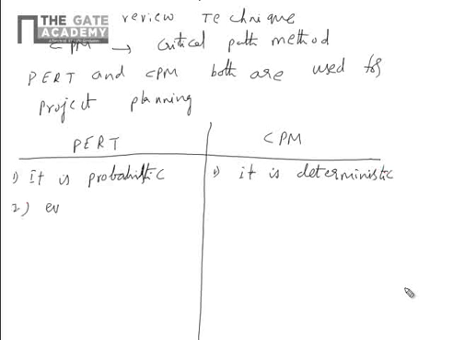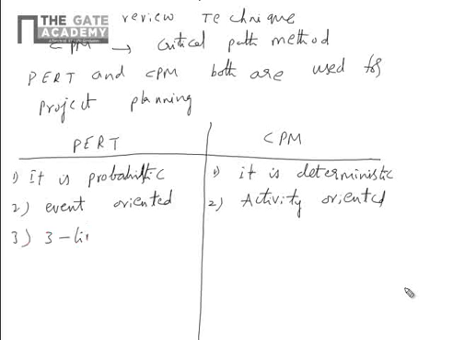PERT is event oriented. CPM is activity oriented. PERT is three time estimate. CPM is single time estimate.